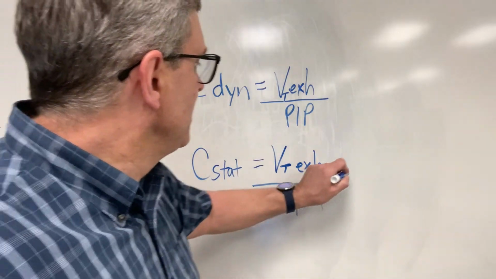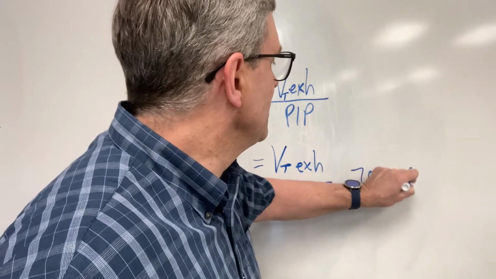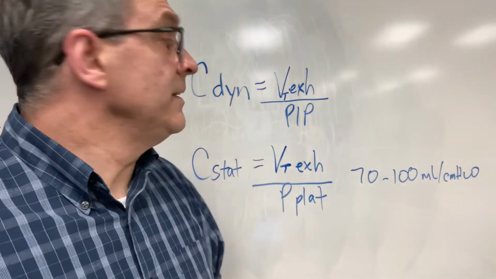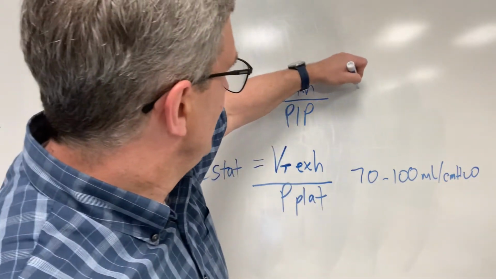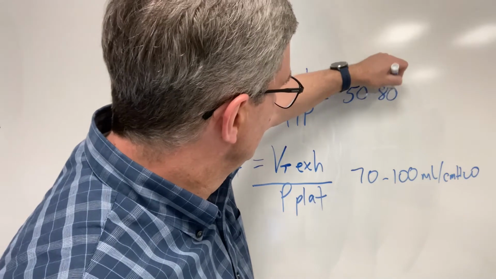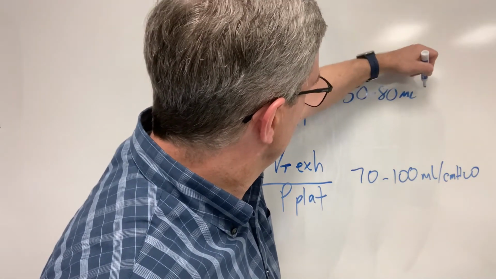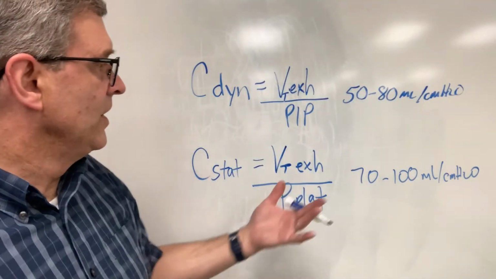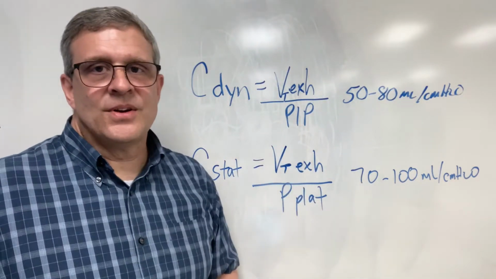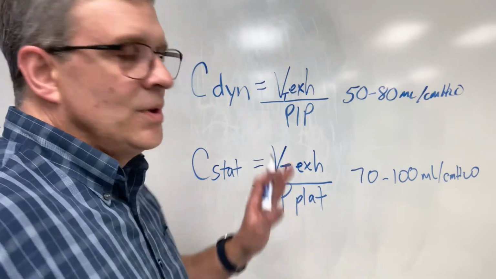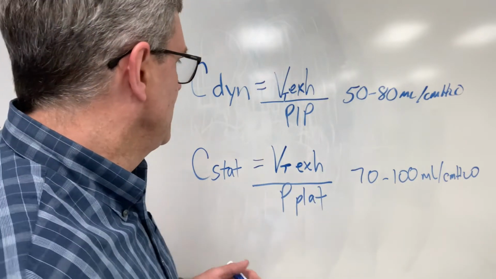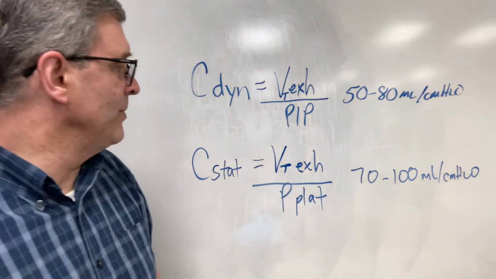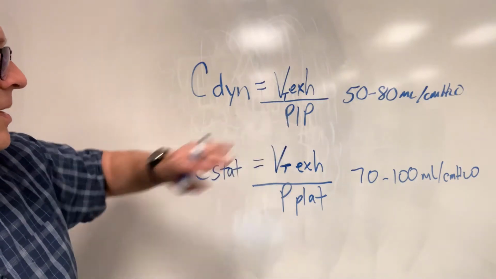So I typically use 70 to 100 milliliters per centimeter of water for static, and then 50 to 80 milliliters per centimeter of water for dynamic would be normal. So again, those aren't set in stone. If you're in school, you should use whatever your instructor has told you to use, but it should be somewhere around that. Static is always higher than dynamic because P-plat is always lower than PIP.